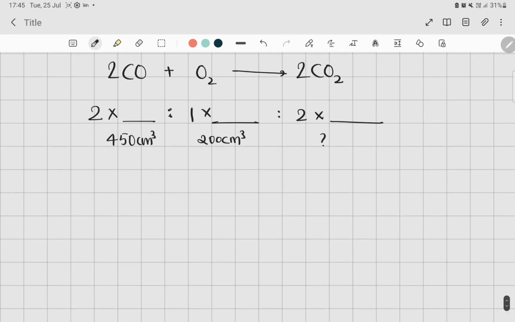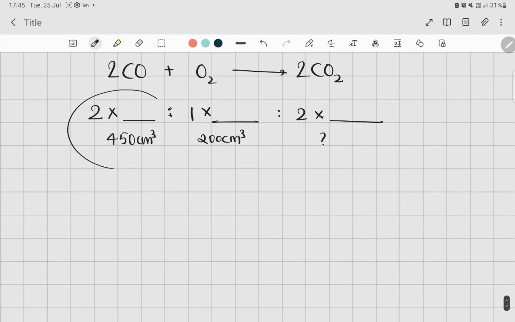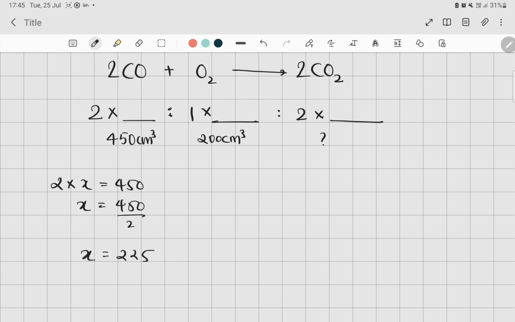How do we solve this question? You treat this like 2 into x equals 450 cm³. So x equals 450 divided by 2, so x equals 225. The most important thing is that in the fill in the blank we have to put one value, and throughout all three blanks the value will be the same.